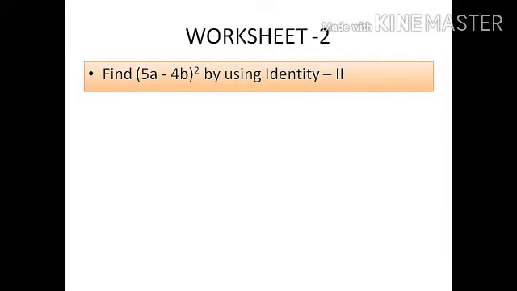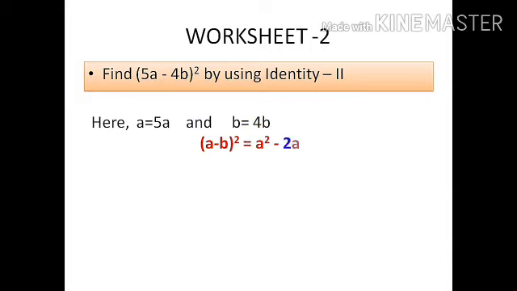Find (5a minus 4b) whole squared using identity 2. Here, the first term in this binomial is 5a and the second term is 4b, and we know that (a minus b) whole squared equals a squared minus 2ab plus b squared. So let us put these values in the right hand side.